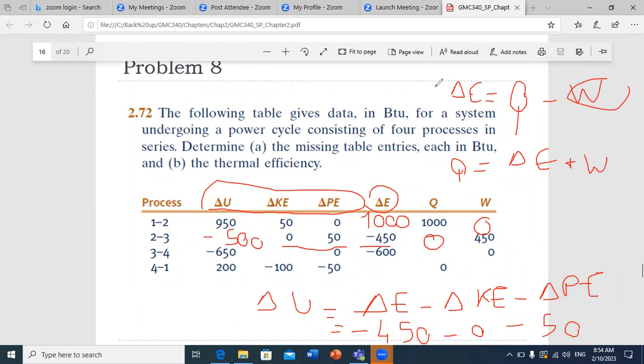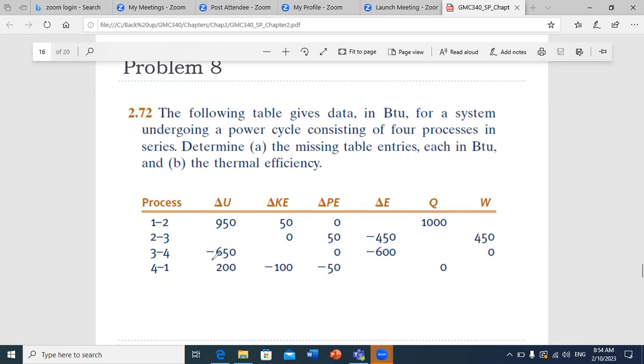Now, for process from 3 to 4, similarly here, we can deduce that delta KE is plus 50 because the summation will give us minus 600. And since W is 0, delta E is equal to Q, so Q is minus 600.